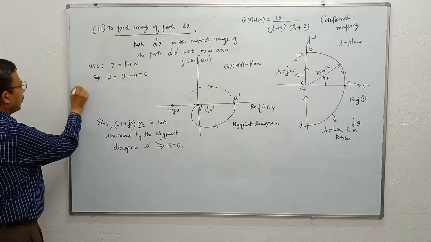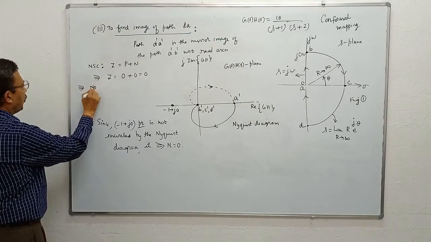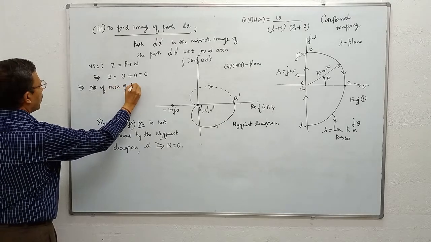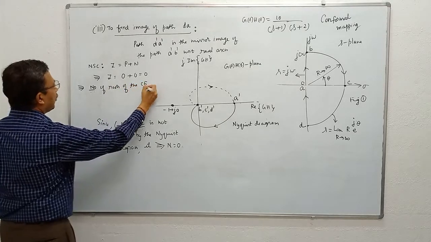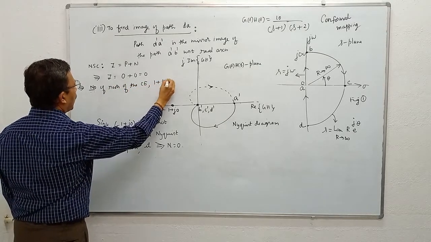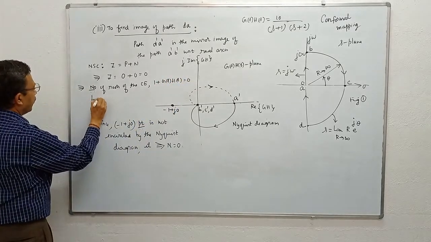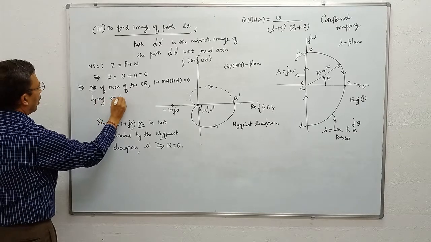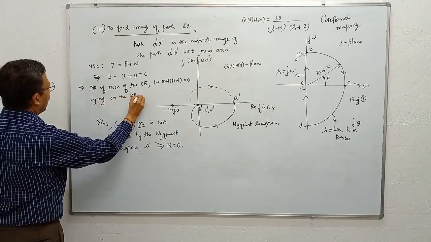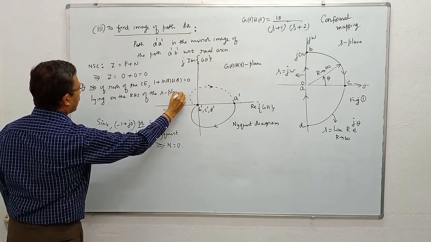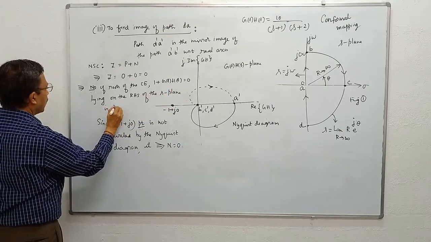This implies the number of roots of the characteristic equation 1 plus G of S H of S equal to 0 lying on the right hand side of the S plane is 0.